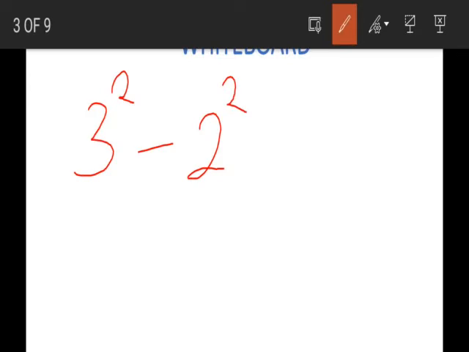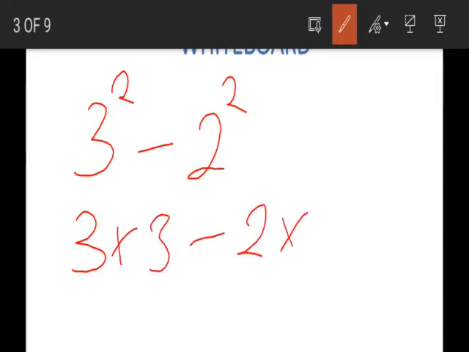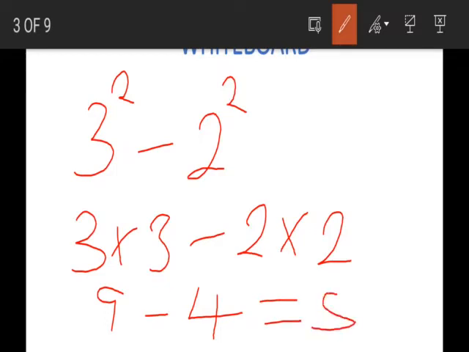And you know that 3 square means 3 times 3 minus 2 times 2. 3 times 3 is 9 minus 2 times 2, which is 4. 9 minus 4 gives us 5. That's how we get the 5, which is at the base of the Y.